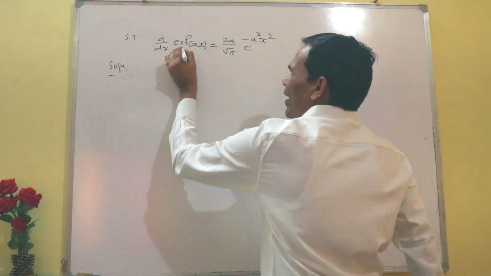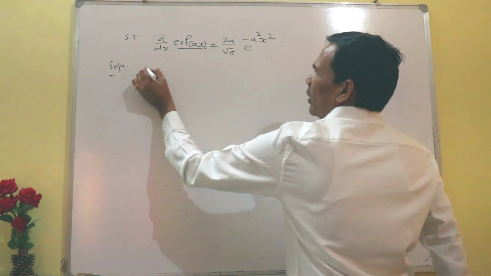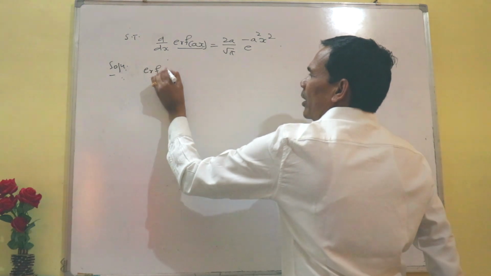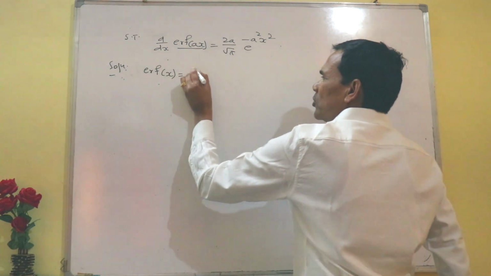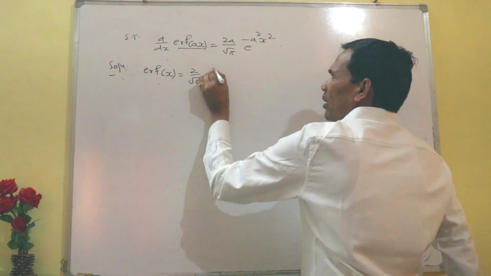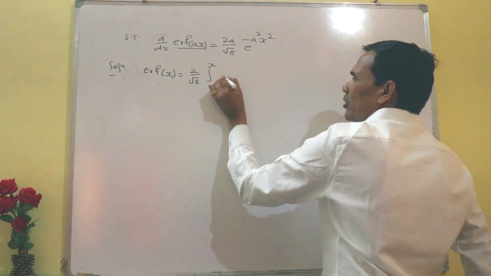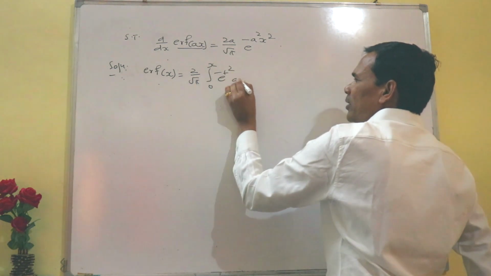So I just define error function of x first. Error function of x is something like this: 2 upon root pi, integral from 0 to x of e raised to minus t square dt.